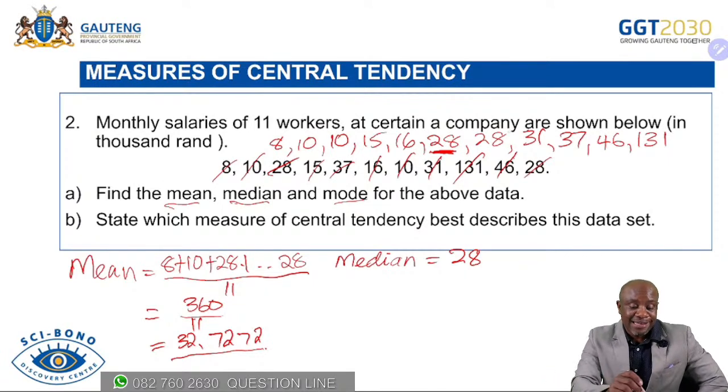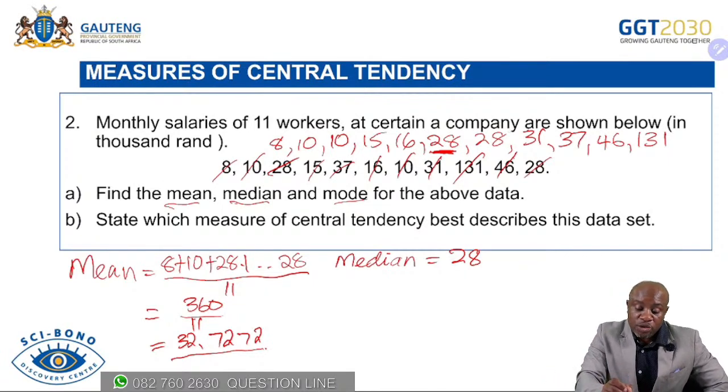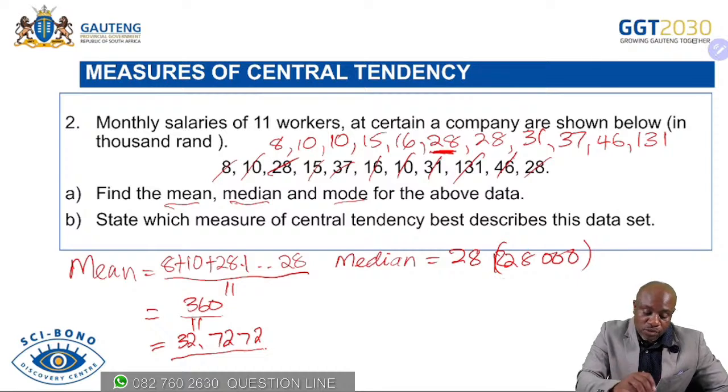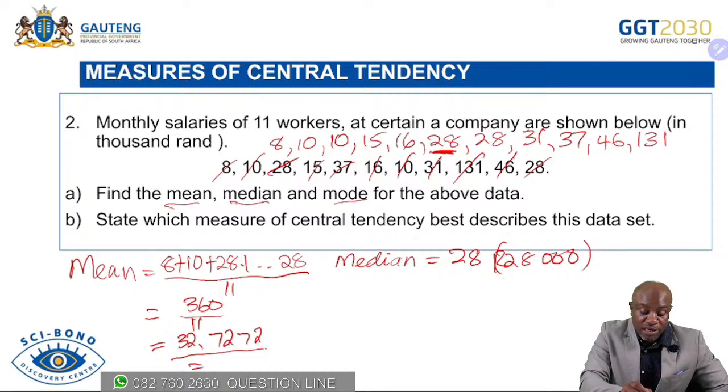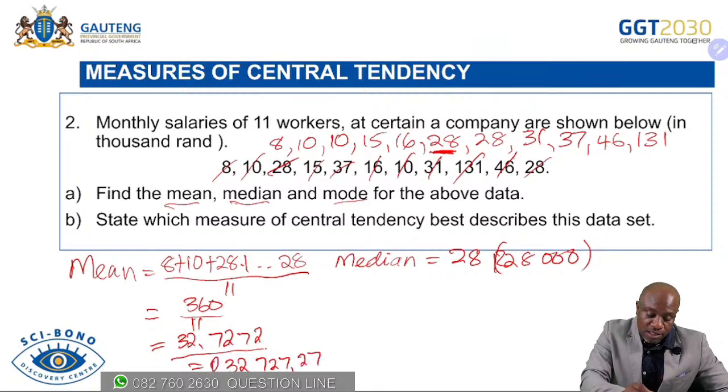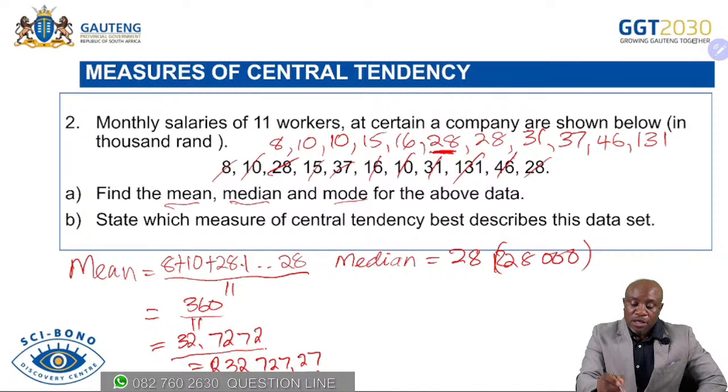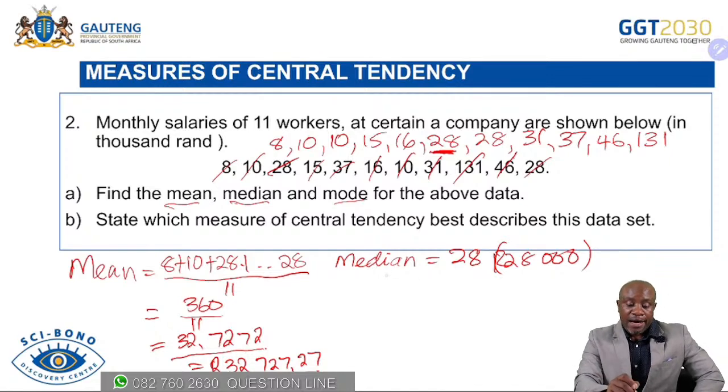If you want to write these with the rand sign, that will be 28,000 rand. Or you can leave it as 28. We all know what is going on there. And the mean you'll have to multiply by 1,000 to get 32,727 rand and 27 cents. So that's the median. And now the mode.